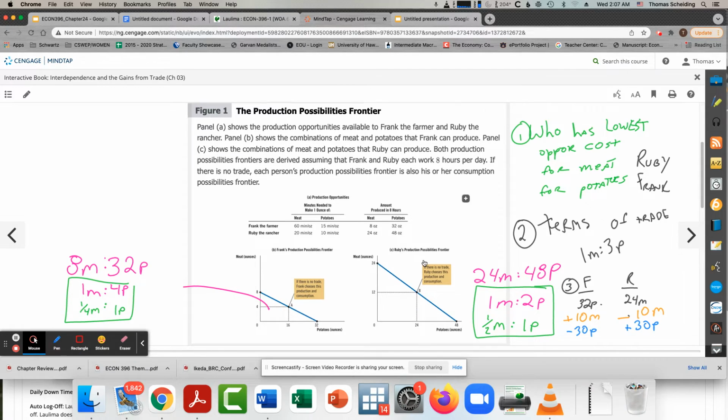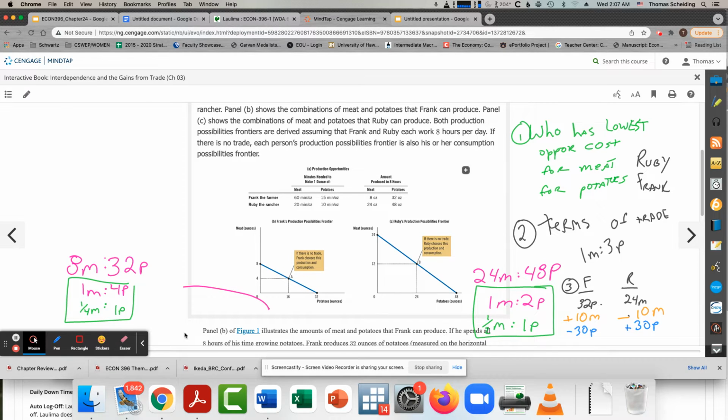Going from here doing the math, it leaves Frank at a position where he's at 10 meat and 2 potatoes. And it leaves Ruby in a situation at 14 meat and 30 potatoes.